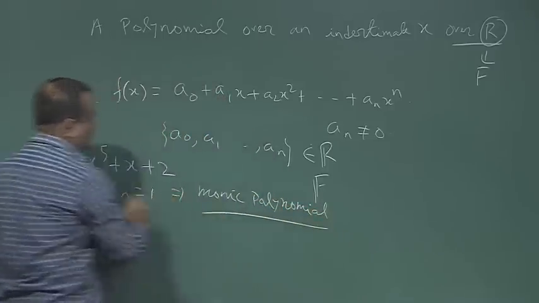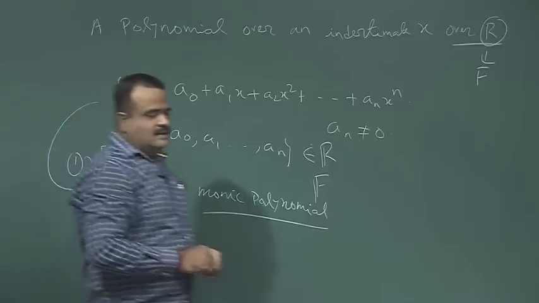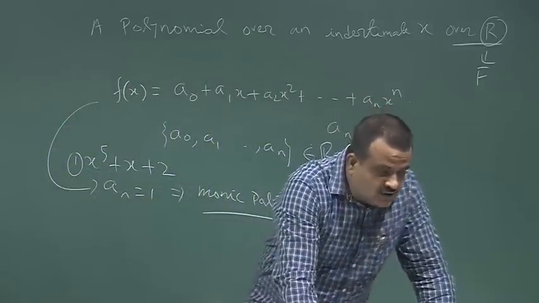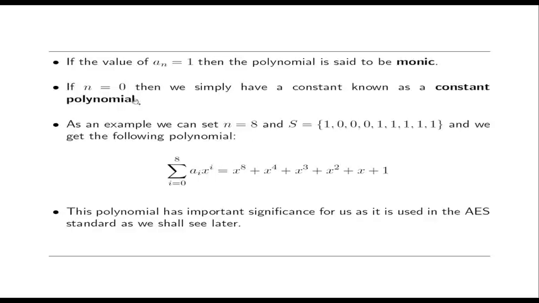And n is the degree of this polynomial. If the highest degree is 0, then this is basically a constant. Now let us take an example. Suppose n is 8, and suppose the polynomial coefficients are coming from 0, 1. So that is basically F2.